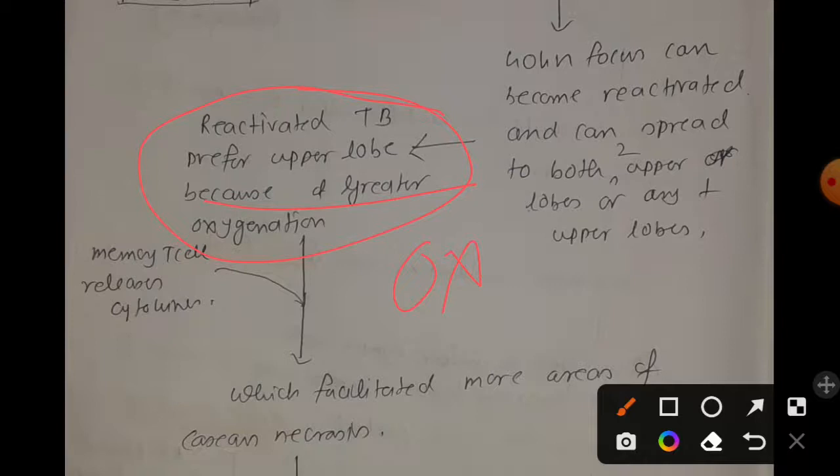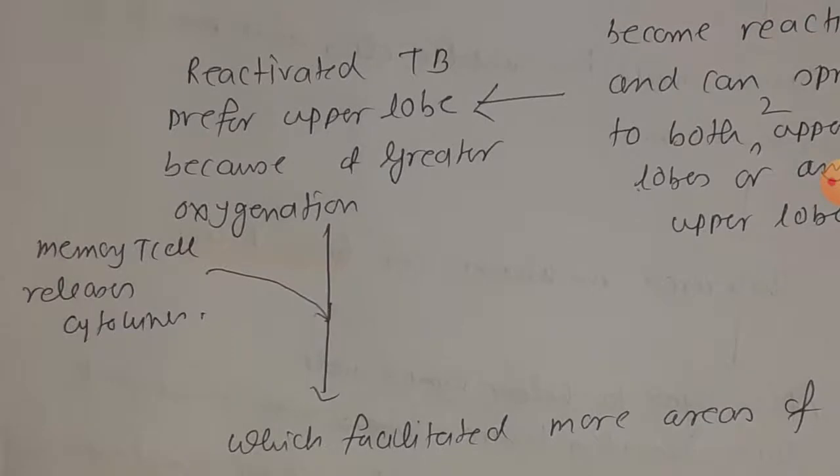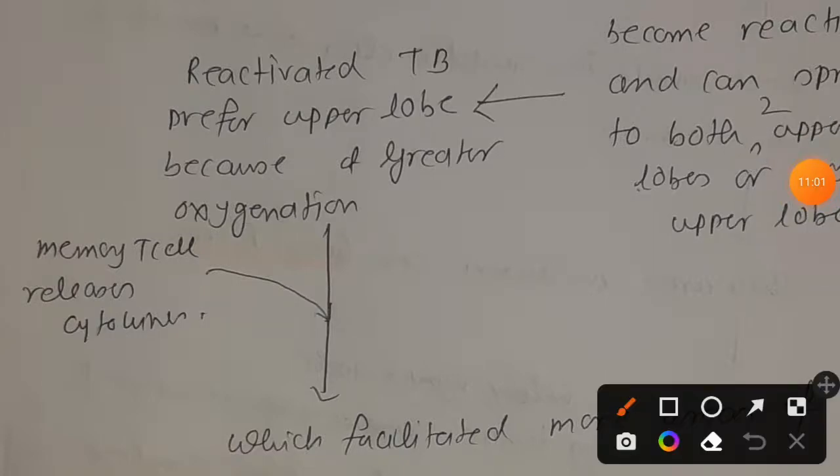But our immune system has already faced this kind of TB earlier, right? Because we have already acquired the latent TB infection, our memory T cells know about that bacteria.